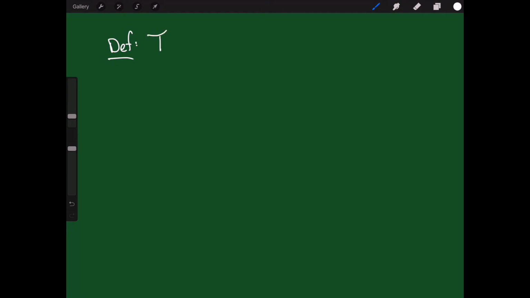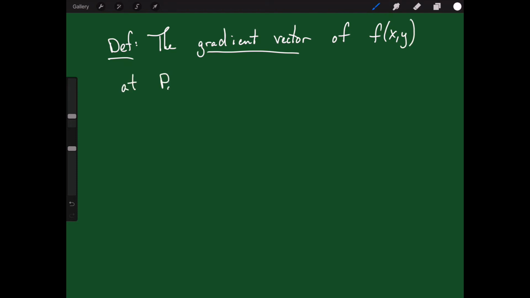The gradient vector of f of x,y at a point p sub 0, which is x0, y0, is the vector gradient. That's not the best triangle I've ever drawn.